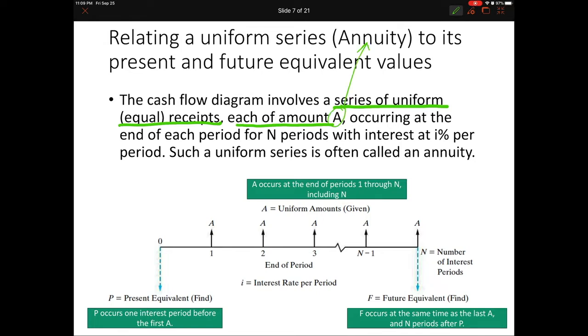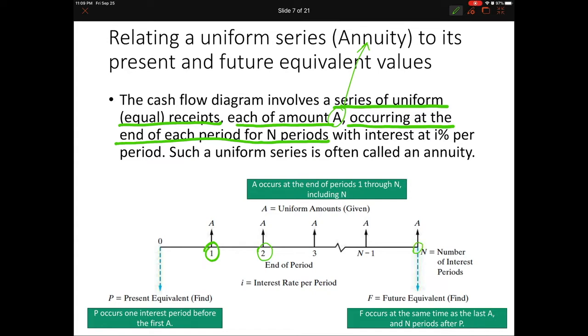So letter A is for annuity. And like I said, the annuity cash flow should occur at the end of each period for n periods. So it occurs at time point 1, the end of the first period, and then at the end of the second period, and goes on until the end of the nth period.